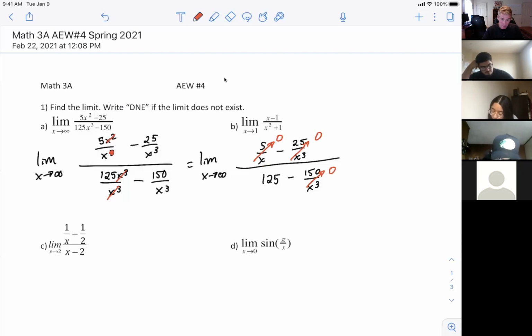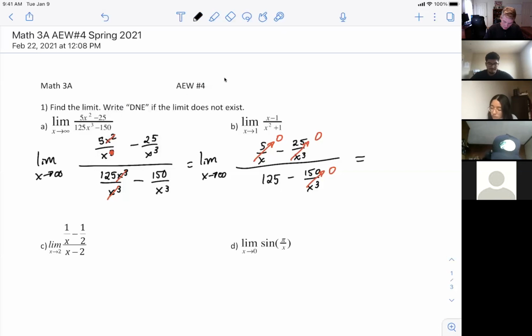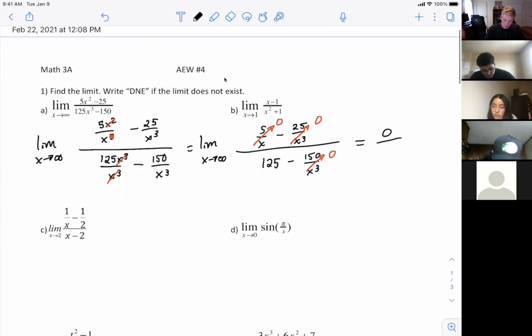And this one also goes to 0. That means all that's left is a 0 minus 0 on top, so that's 0, and on the bottom, what's left is a 125 minus 0. So 125, and 0 divided by 125 is 0. So we get the same answer, but doing it in 2 different ways.